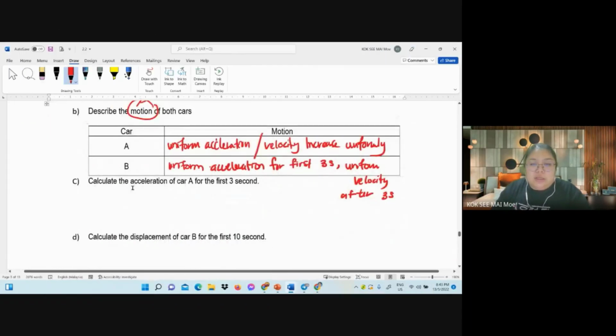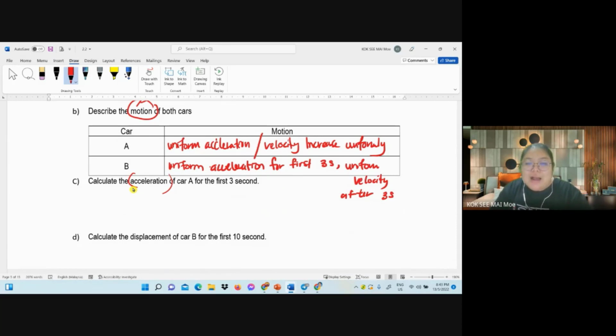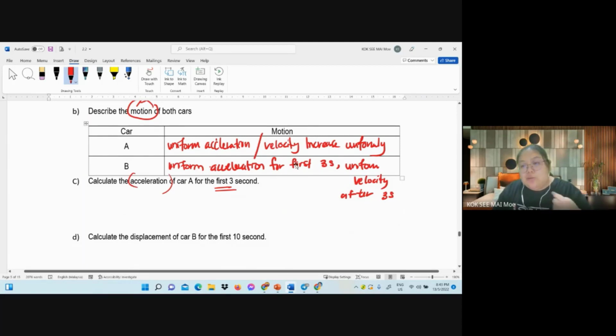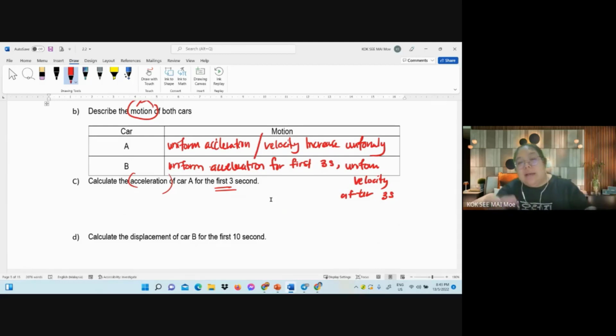Okay, now let's continue. That's why this question has fewer marks. Why? Because in the following part, they already ask you for the acceleration: calculate the acceleration for car A in the first 3 seconds. So question B is only 2 marks, because the following part asks you for the acceleration. From here, if in question B you answered the acceleration already, you can bring down the answer.